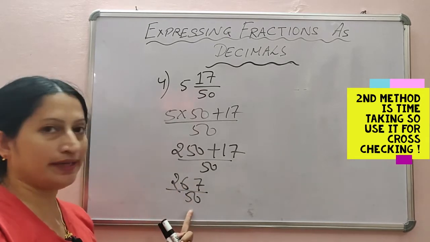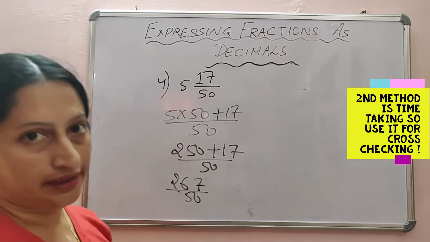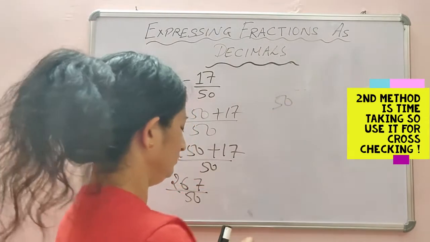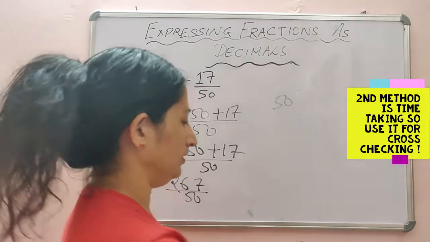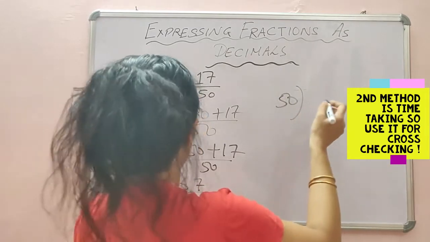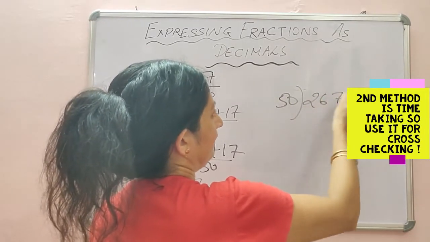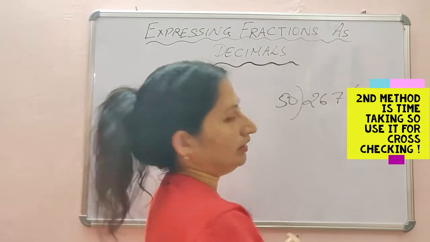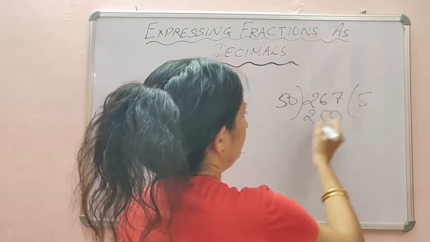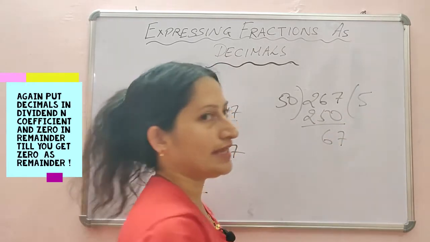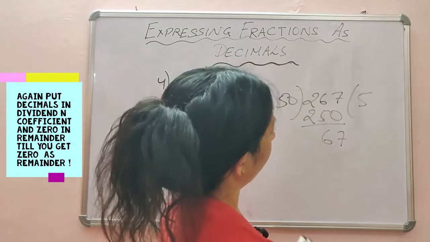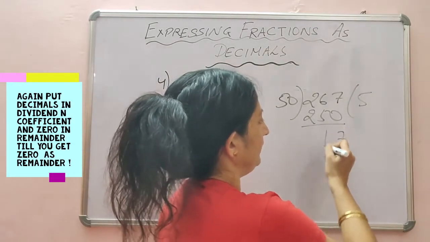Now again it's a bigger number, and directly you can divide it. This will become a little bit difficult, or rather lengthy for you. So we can directly divide like this. Now 5 times 50 is 250, so I've got 17 here.